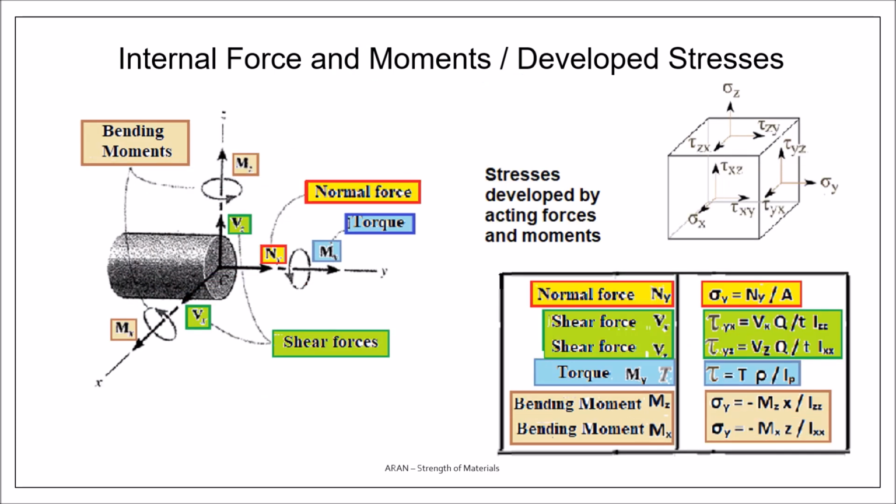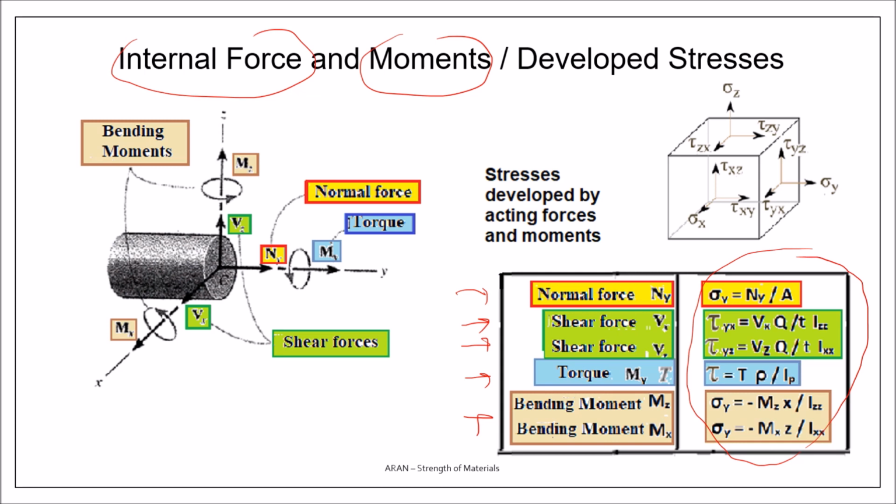Well, here you have everything all together, forces and moments. Forces, normal, shear, torque, and bending moments, and these are the stresses caused. You see, these stresses will create a stress state, and this is what we're going to find in a stress analysis by superposition.